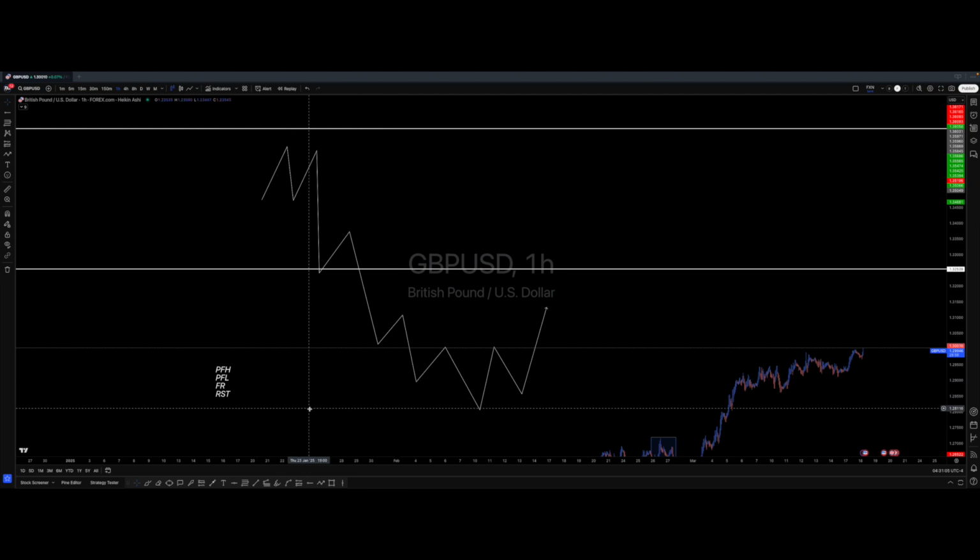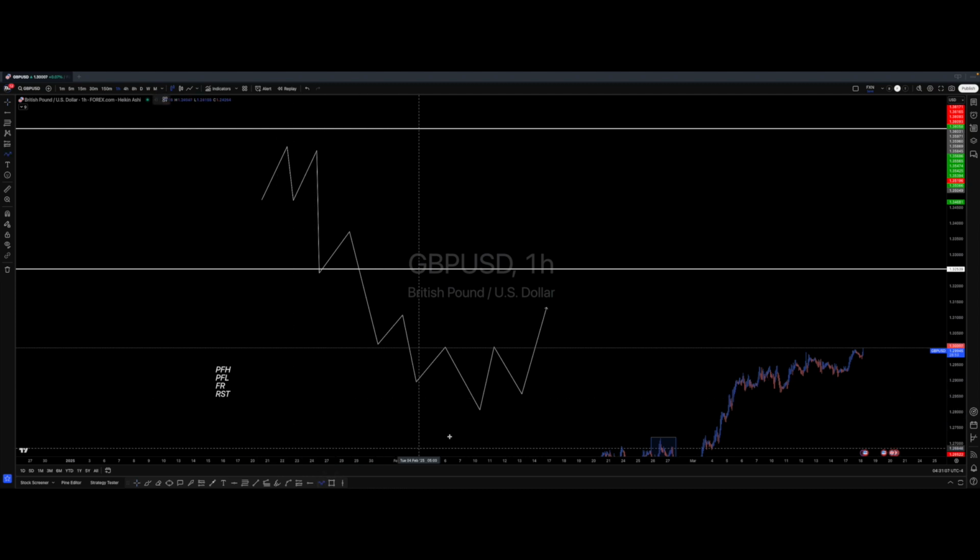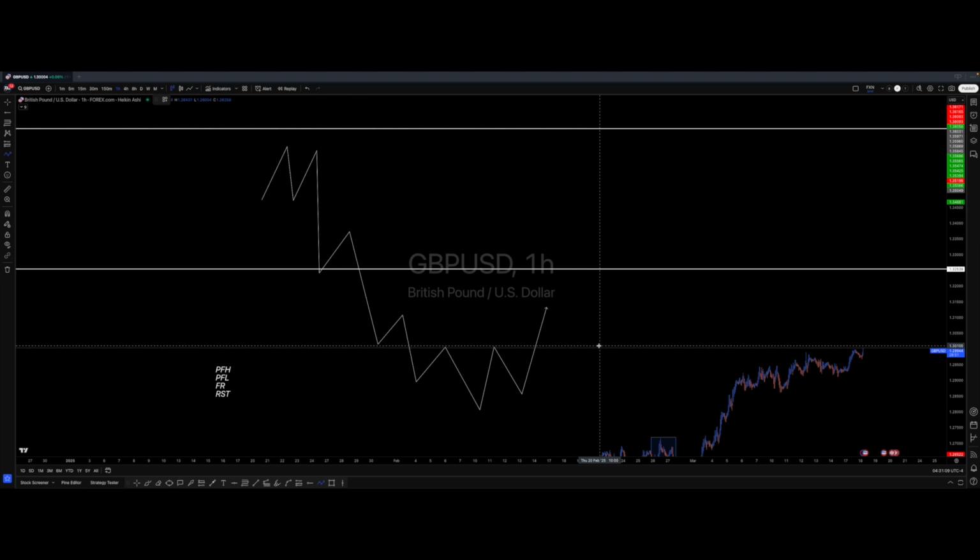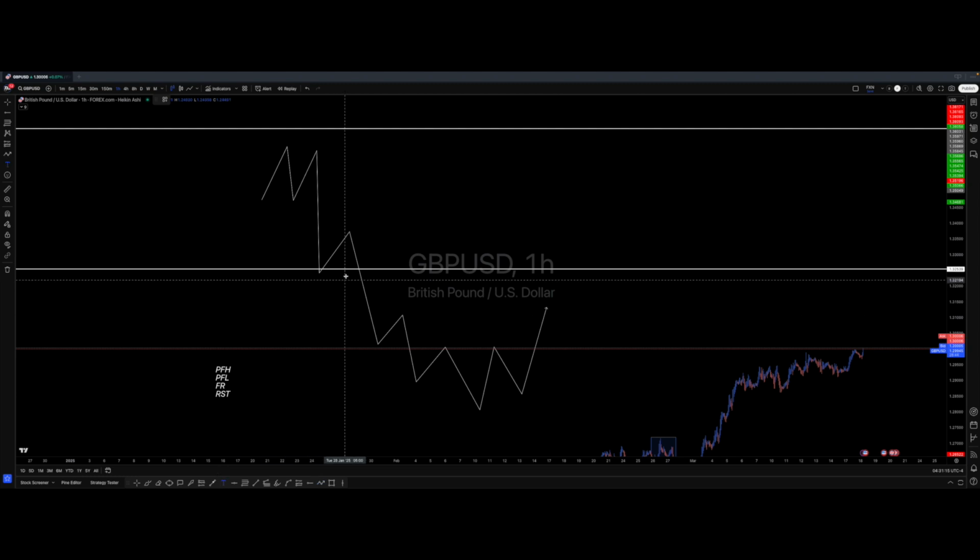What I mean by that is, let's say this cycle here had an ADR of, let's say, 100. So 100 is the ADR, the average daily range of this pair during this cycle.